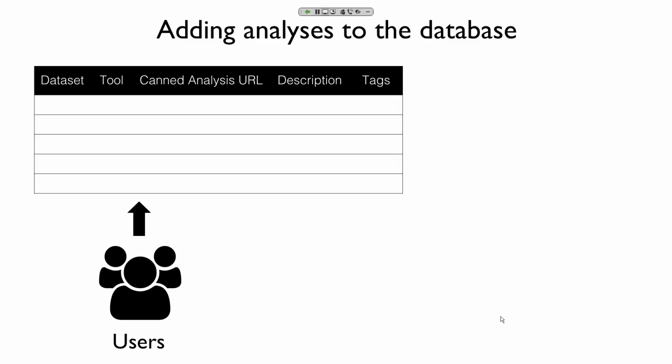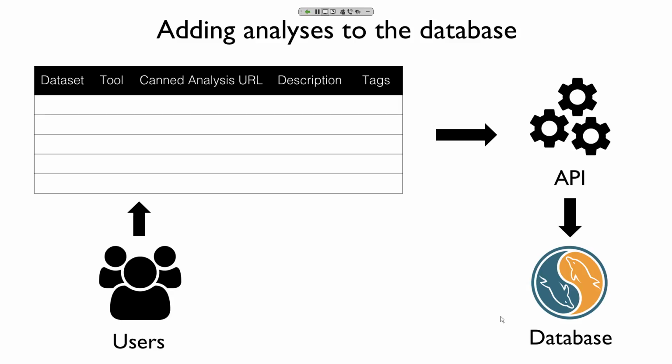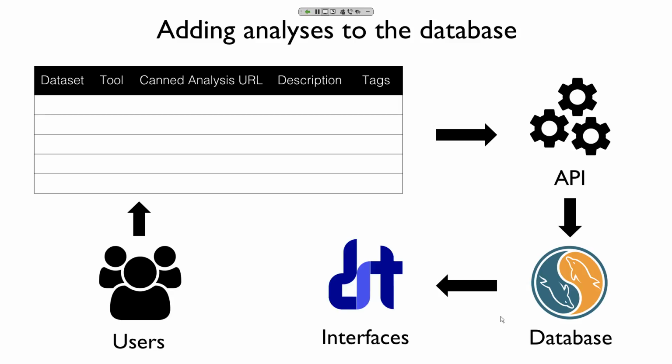It would require users to specify datasets, a tool, the canned analysis URL, and a description of the analysis, and potentially any number of tags associated with the analysis. Once the information is inserted in the table, it can be uploaded by means of an API to the database. By using the dataset to tool interfaces, it will be available on the BioCaddy DataMed website and made accessible to users in the scientific community.